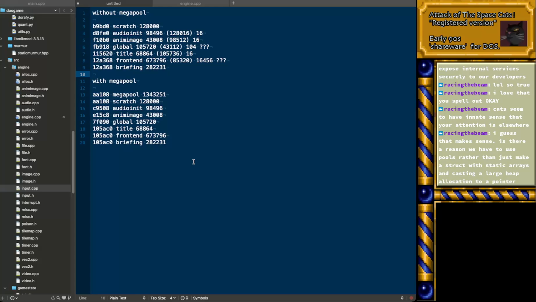I guess that makes sense. Is there a reason we have to use pools rather than just make a struct with static arrays and casting a large heap allocation to a pointer? Probably not. I'm just trying to think. I think if we did have a big static block, I probably automatically assumed that wouldn't work because I'm thinking of 16-bit DOS code, where if you did that without a DOS extender, it would just not run.